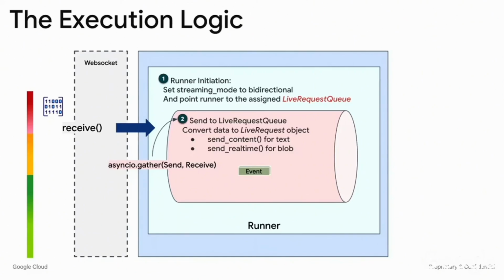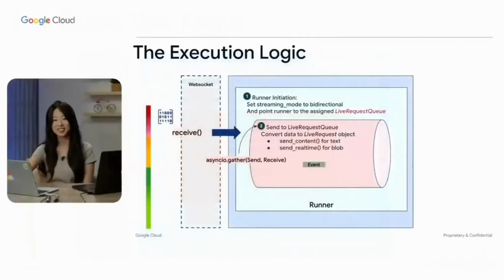On the browser side, the browser data arrives at the WebSocket, and the server side receives it and converts it to the live request object. For example, we have send content for text and send real time for audio. We are basically putting everything on the sushi conveyor belt, so you need something to convert them to the live request object.